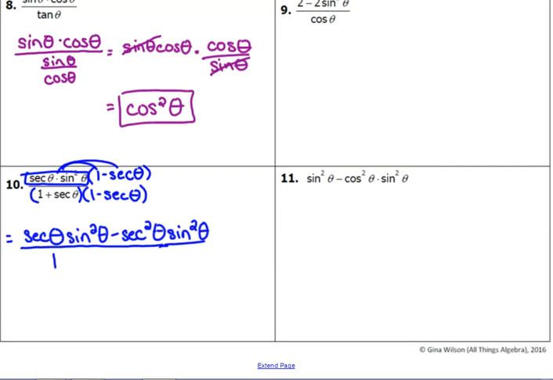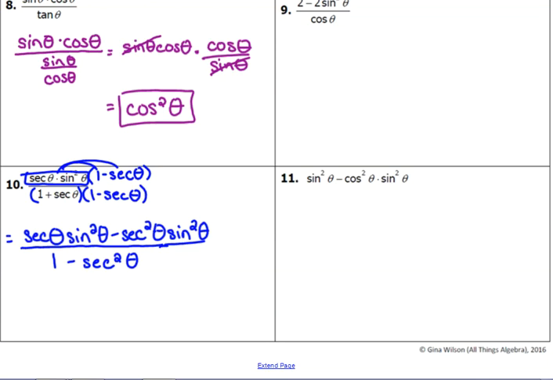The outside and the inside cancel. And then positive secant times negative secant is negative secant squared of theta. That's the whole purpose of multiplying by the conjugate. It's the difference of perfect squares, so we're going to end up with an expression like this.